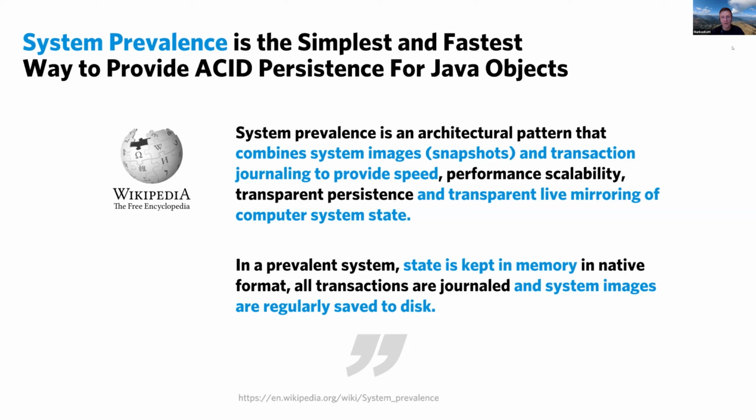It will lead to a simple architecture, because you don't need all of these data technologies like distributed caches, in-memory data grids, and databases. Everything is in memory, everything is fast, everything is built in your programming language, object-oriented. That's great.